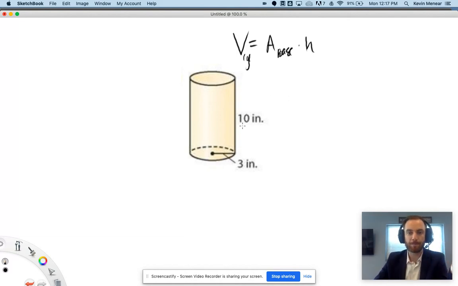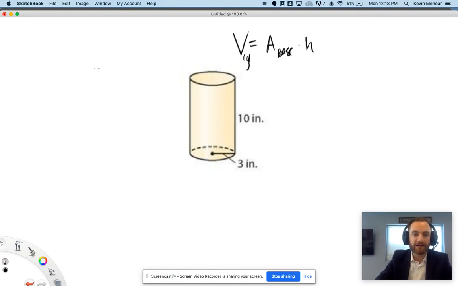So, how do I find the area of the base of a cylinder? Well, that's just the area of a circle. And remember, this does look a lot like a prism, except instead of the base being a square or a rectangle or a triangle, the base is a circle. So I can use the same formula.